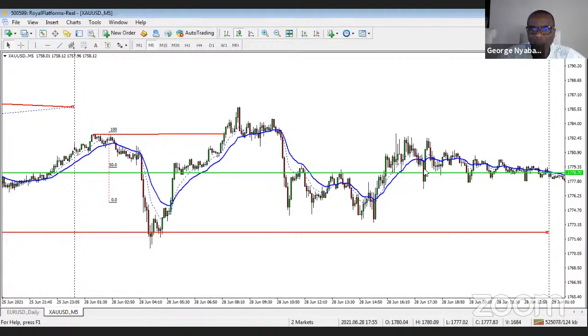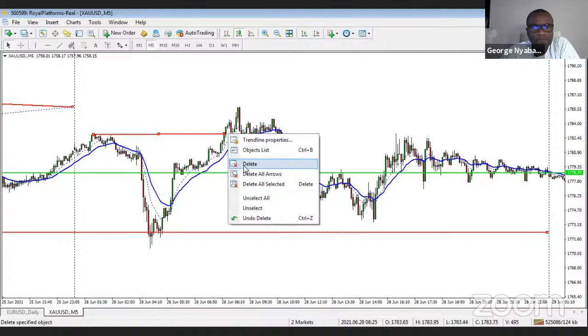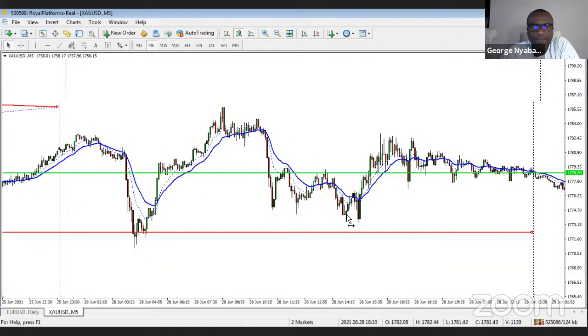This typically comes after a breakout, a distinct breakout, and then a pullback. I'm just going to clear that a bit. Okay.